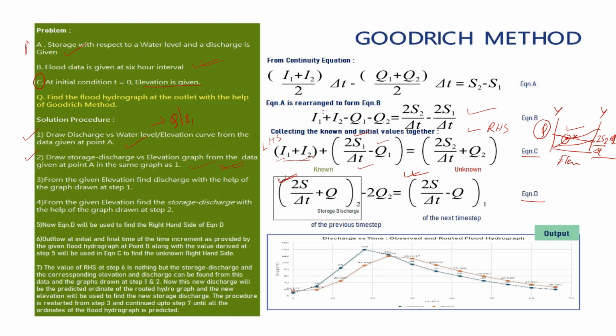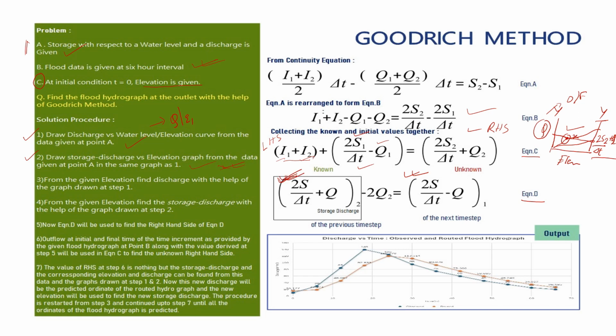A perpendicular from that point to the y-axis of Q gives the outflow, and a perpendicular from point x to the y-axis representing the right hand side of equation C gives the corresponding right hand side value, 2S by del t plus Q.